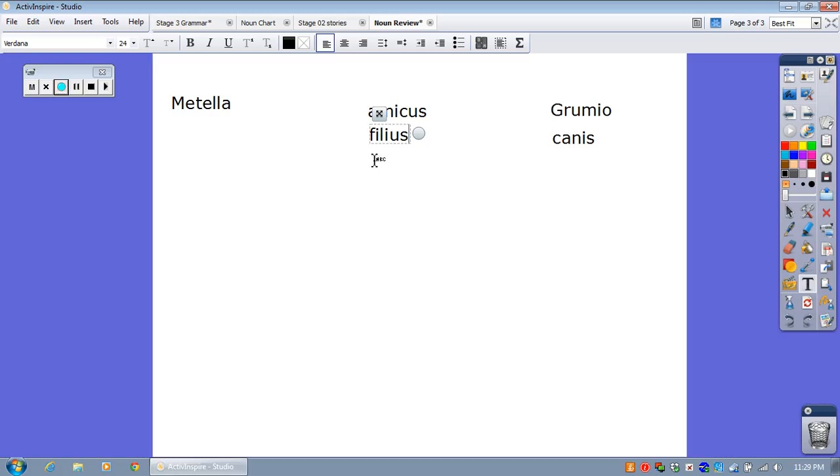How about the word for woman? Femina. How about girl? Puella. Think about some other names like Quintus and Caecilius. And then what about other proper nouns or names that you learned?